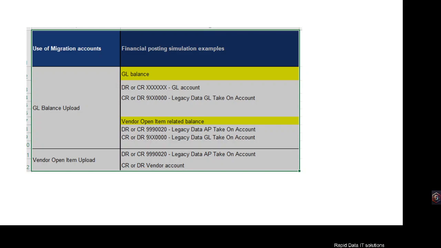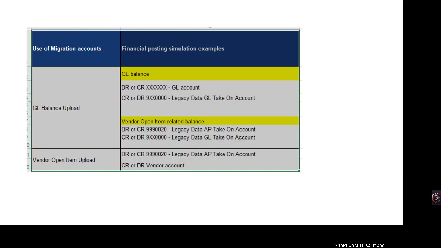Also, if you would like to know the basics before you come to this video, please watch the previous video on the basic aspects of the migration of ledger and subledger financial data objects in a project. That will give you an overview, and with that you should be able to relate to today's topic.